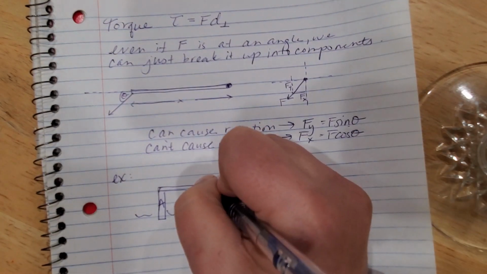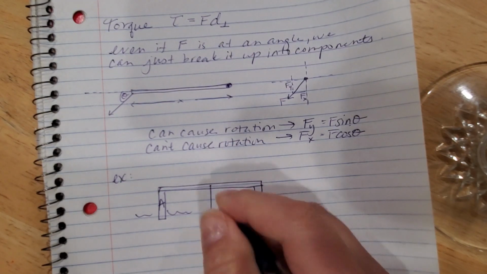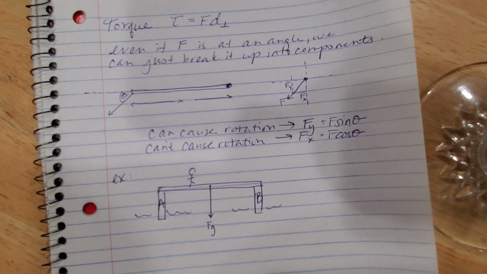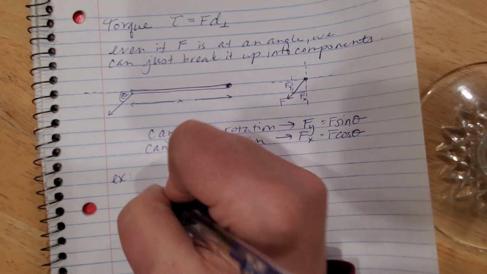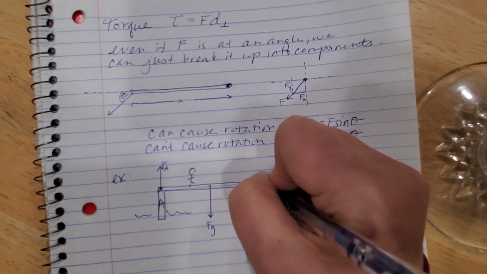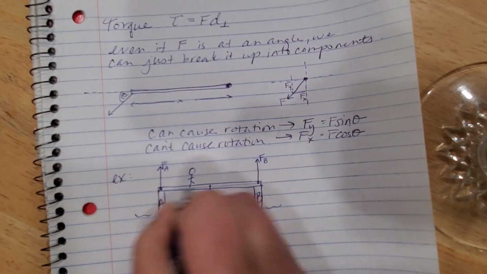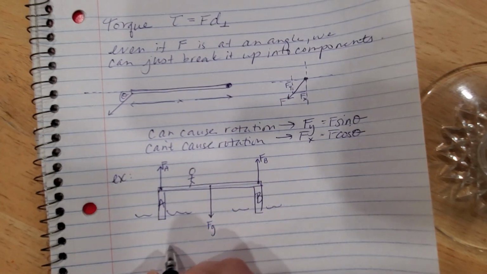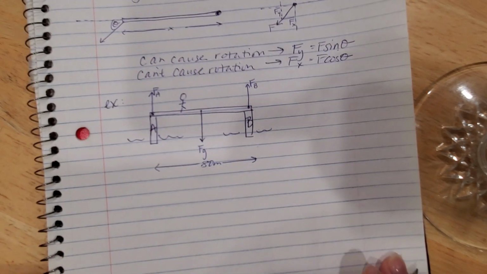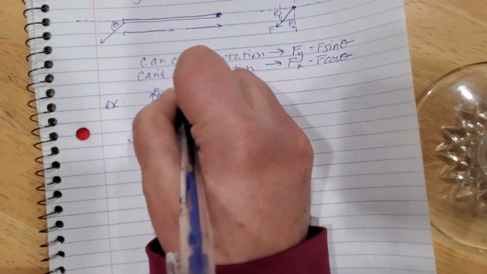Let's have the center of mass of the bridge, FG bridge, I guess, because we're going to have a person standing right over here. Let's have this pillar apply FA upward and this FB upward. We'll say the whole thing is 80 meters, and we'll say that this person is standing 20 from center.